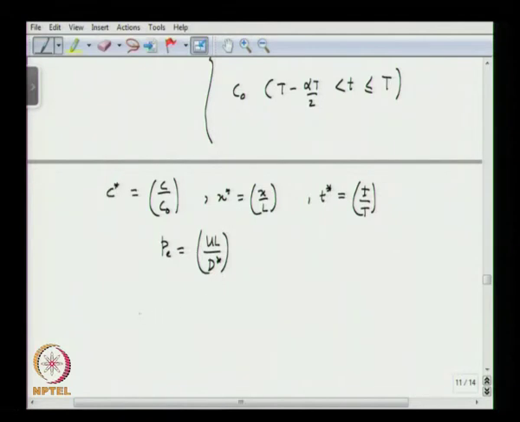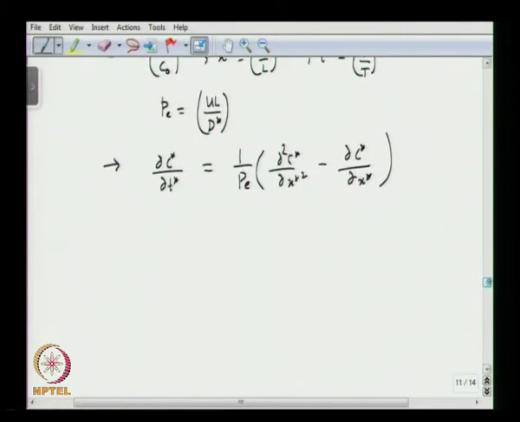If you use these parameters, the transport equation will become del C star over del T star equals 1 over Peclet number into del square C star over del X star square minus del C star over del X star.